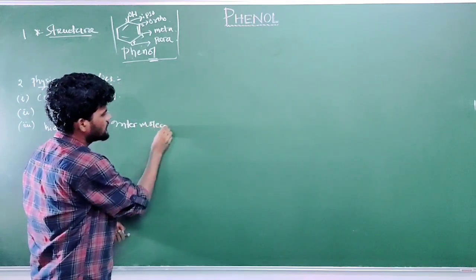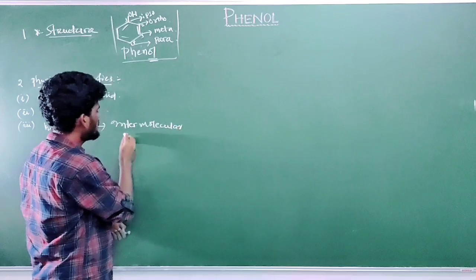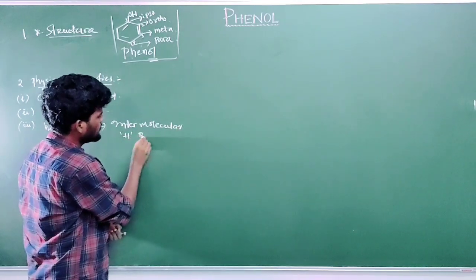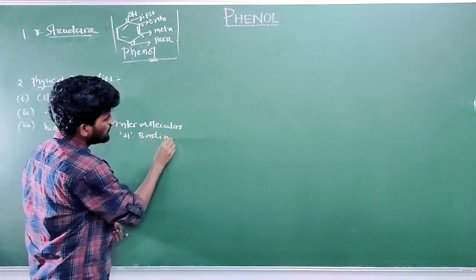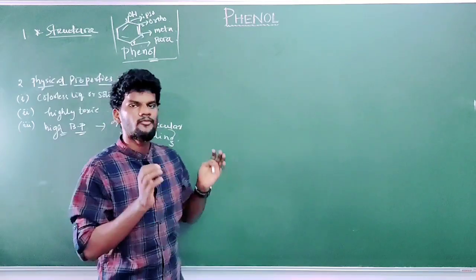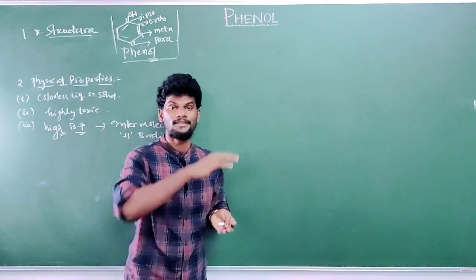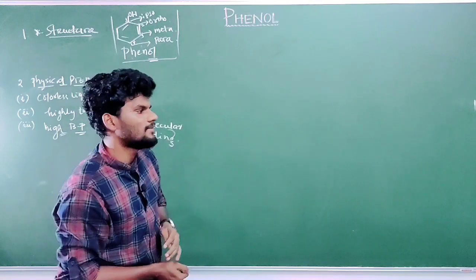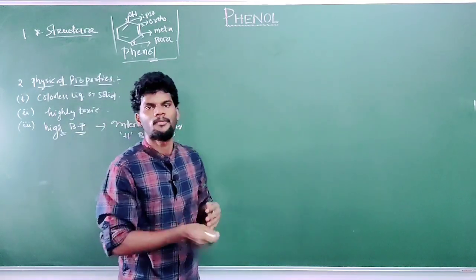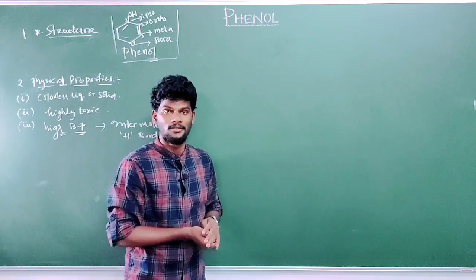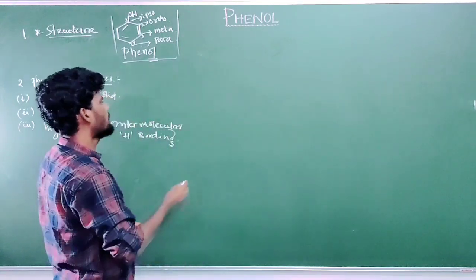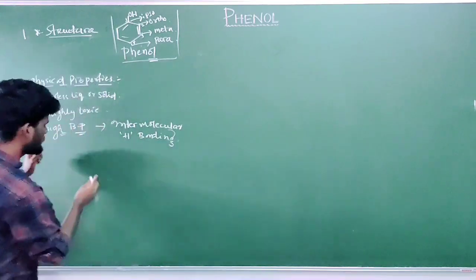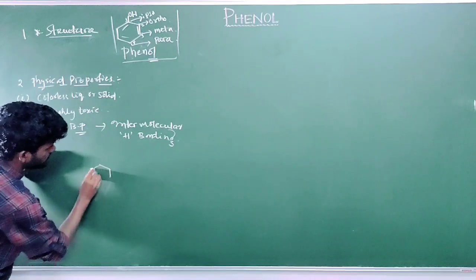I have already discussed intermolecular hydrogen bonding in the previous class. If one phenol molecule is at the center and it is surrounded by a number of phenol molecules, then there is hydrogen bonding among each other. That is known as intermolecular hydrogen bonding. I am drawing the structure.